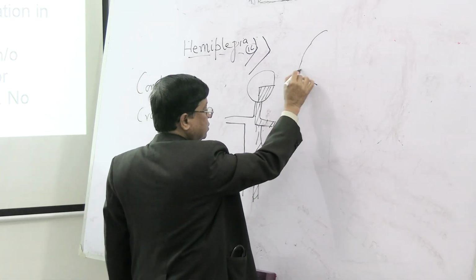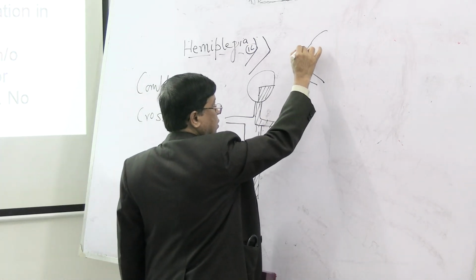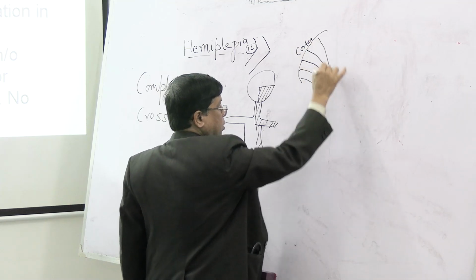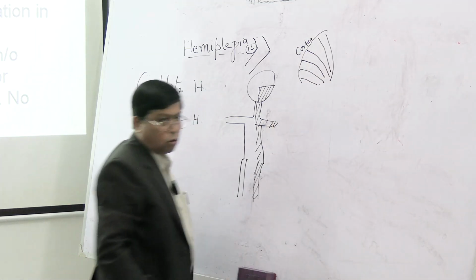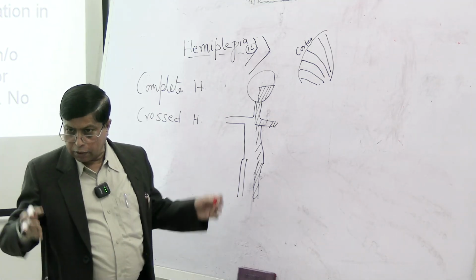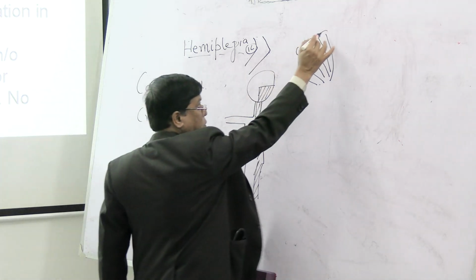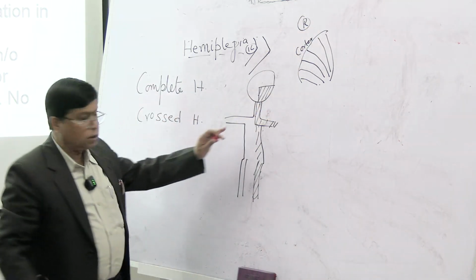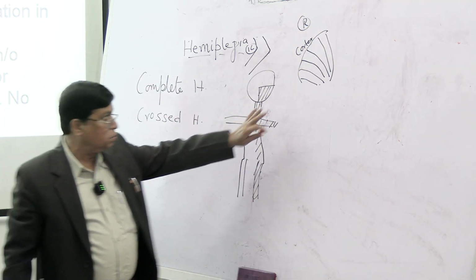Then fibers come from the motor cortex. This is called the corona radiata. Fibers come like this because there is a full motor cortex. Suppose this is the right side, and here the hemiplegia is on the left side. So I am taking the example of the right side.